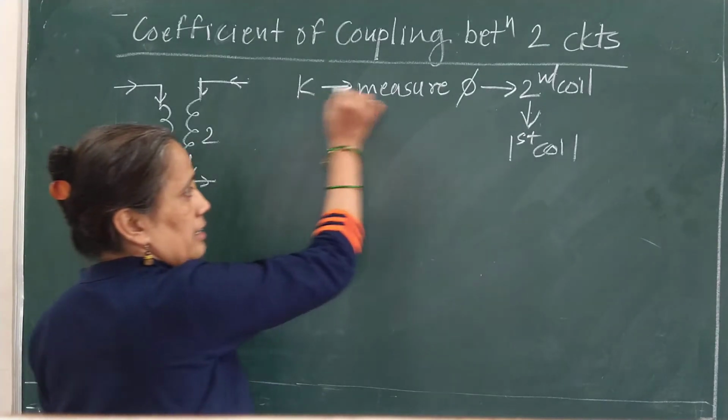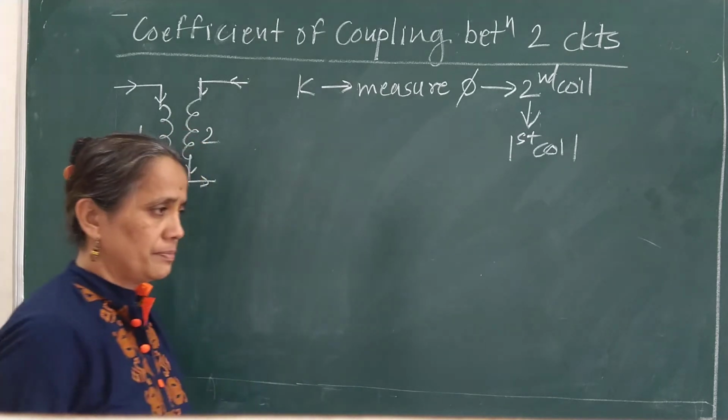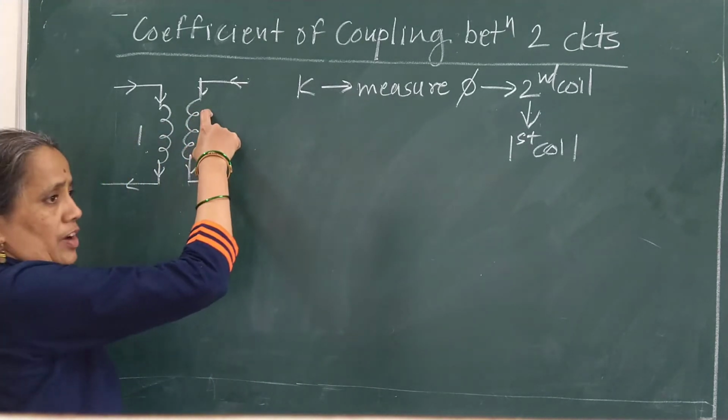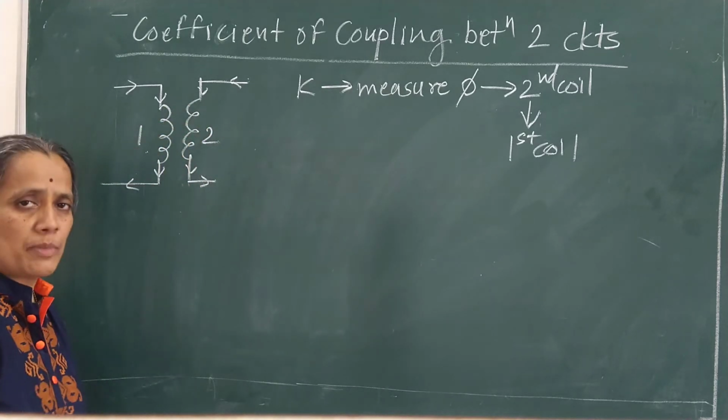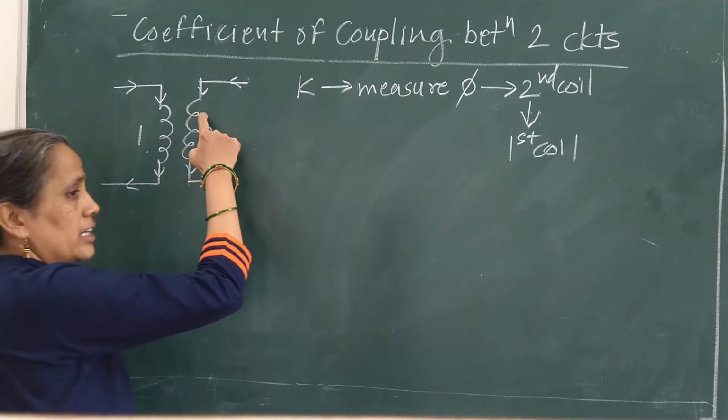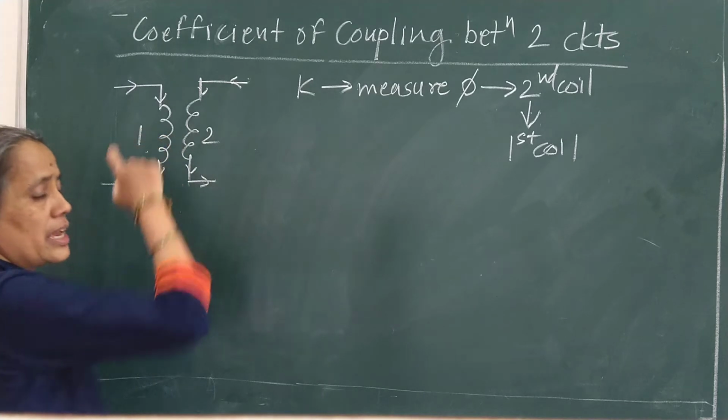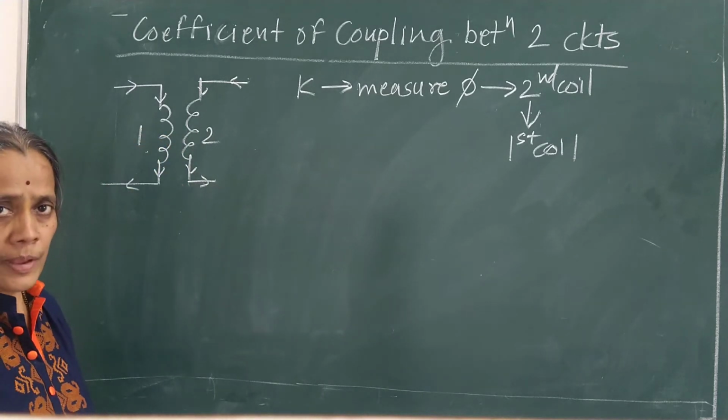So K gives the measure of phi. If the magnetic flux is maximum, the value of K is maximum. If the magnetic flux linked into the second coil is minimum, the K value is minimum.